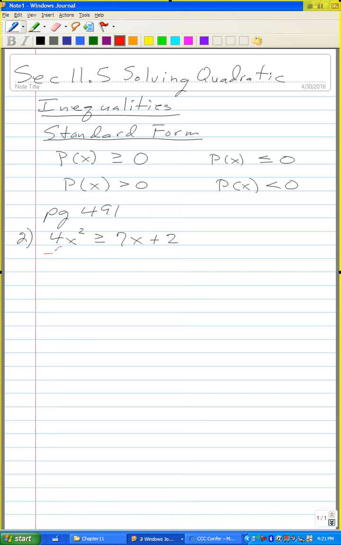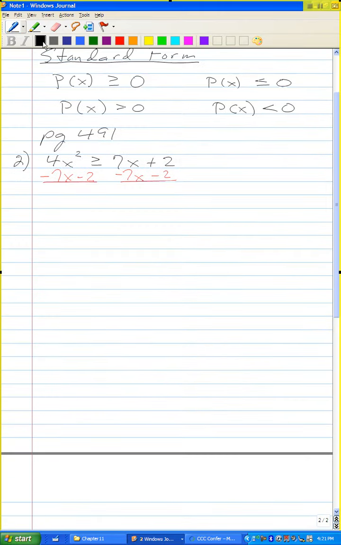Subtract 7x and 2 from both sides of my inequality to make the right-hand side 0. So I have 4x squared minus 7x minus 2 is greater than or equal to 0. So this is in standard form.